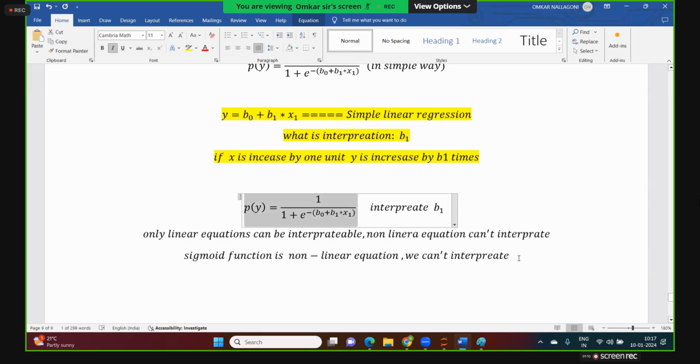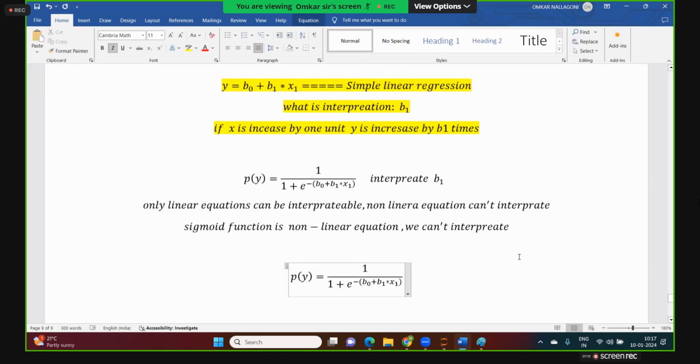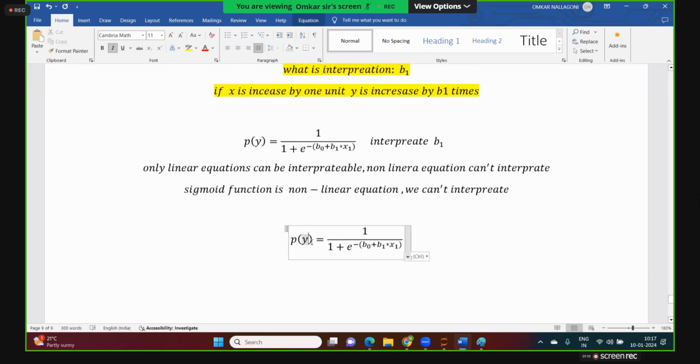For simple terms, we'll call this P and this X. Now P into this term, this is 1.